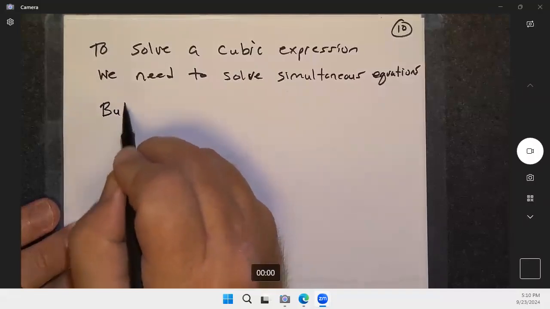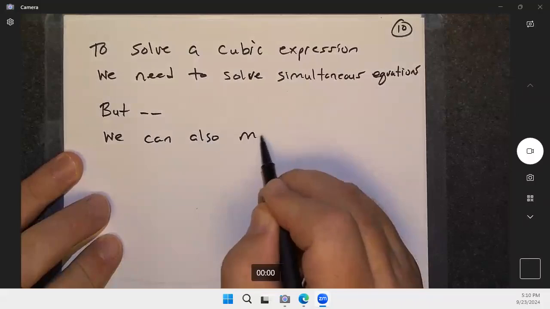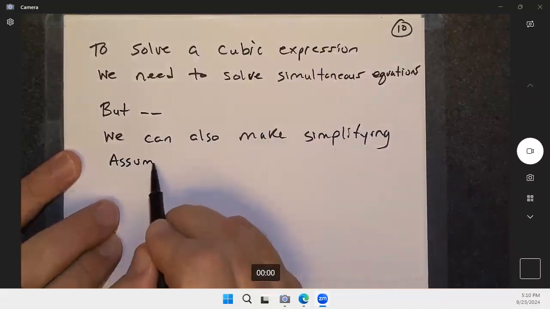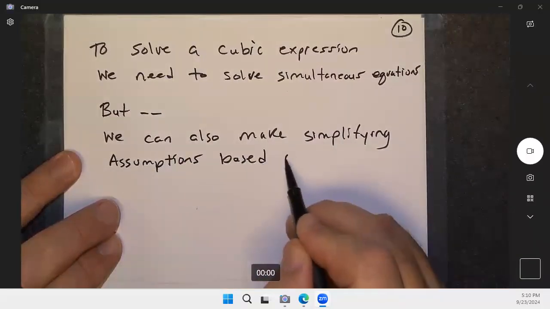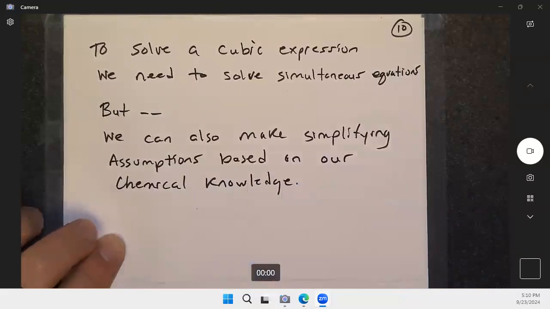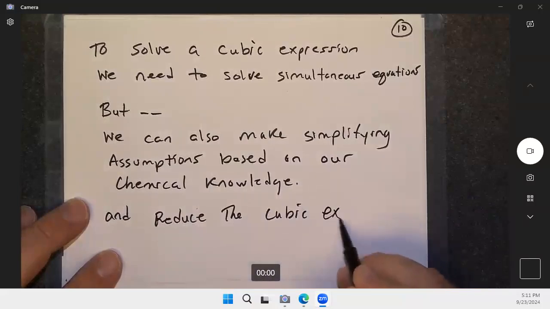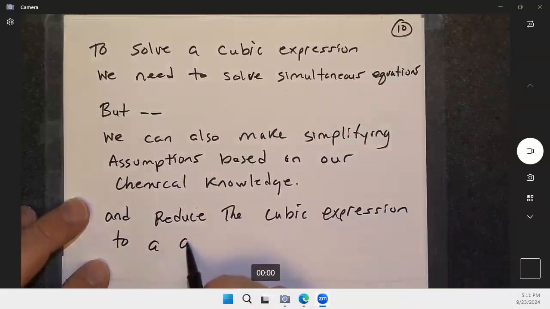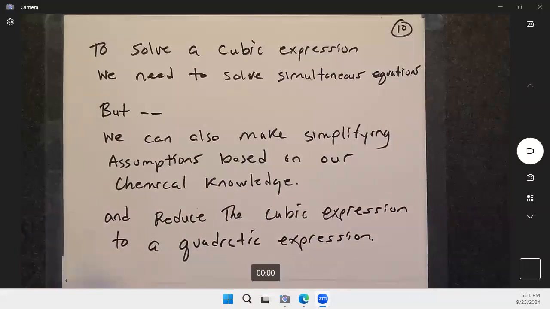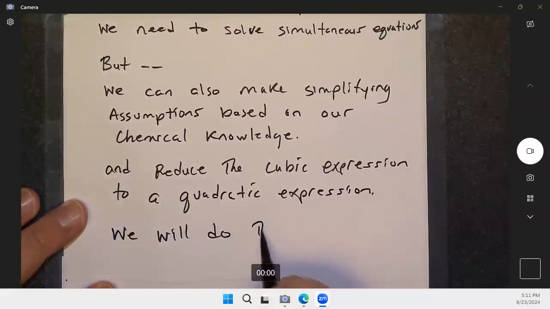But we can also make simplifying assumptions based on our chemical knowledge and reduce the cubic expression to a quadratic expression. We will do this.